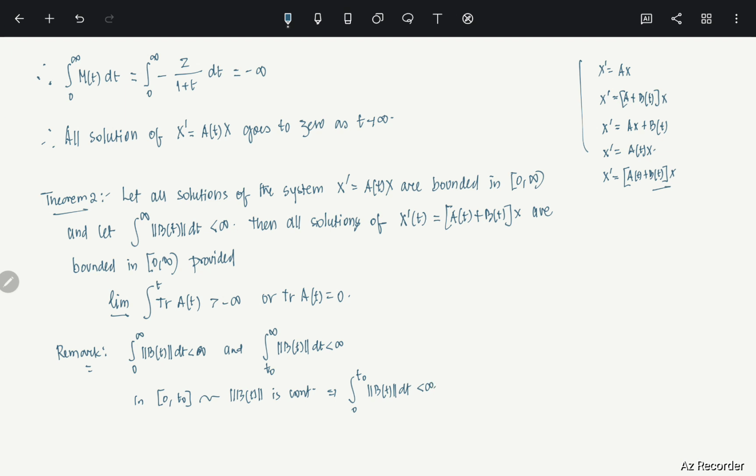You just take from t naught to infinity. That is what matters, so we write it like this, without any lower bound. Is this clear? We don't put any restriction.